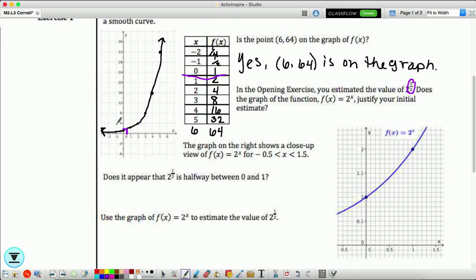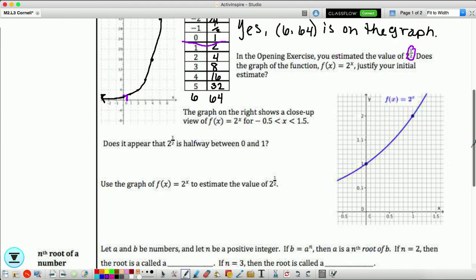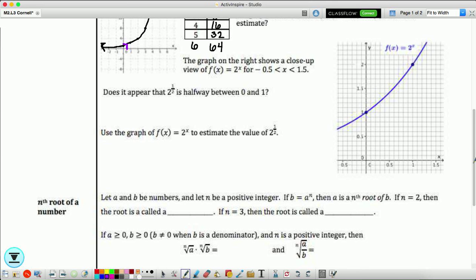It's kind of hard to see because this graph is so small, so I did a close-up to the right. The right shows a close-up view of f of x equals 2 to the x power. If we follow this 1/2 to figure out where it puts us, I can line up this point with my y-axis, and we can see now that the y value is just a little bit below the 1.5 that I was estimating.